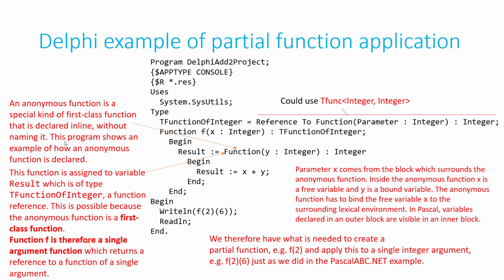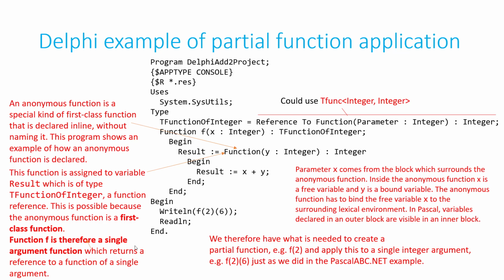This program shows an example of how an anonymous function is declared. I've covered this here. Let me just remind you again that function f is a single argument function which returns a reference to a function of a single argument.